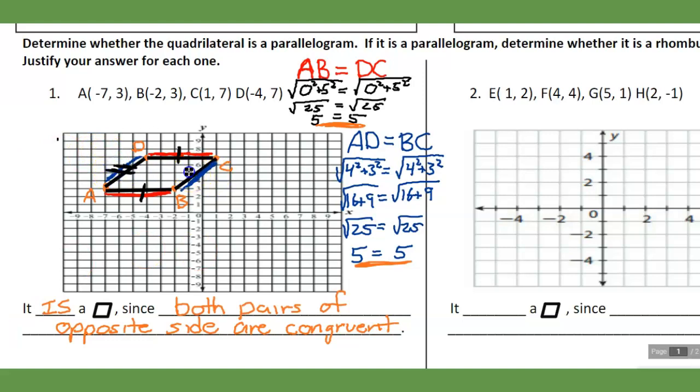So on your test next week, you're going to have to give this statement. Actually write this whole thing out. Like, how come this is a parallelogram? And you'll have to write out this whole sentence. Okay, so that's why it's on every problem, and you have a sentence frame to fill in on every problem, because you're going to actually have to write that out on the test.